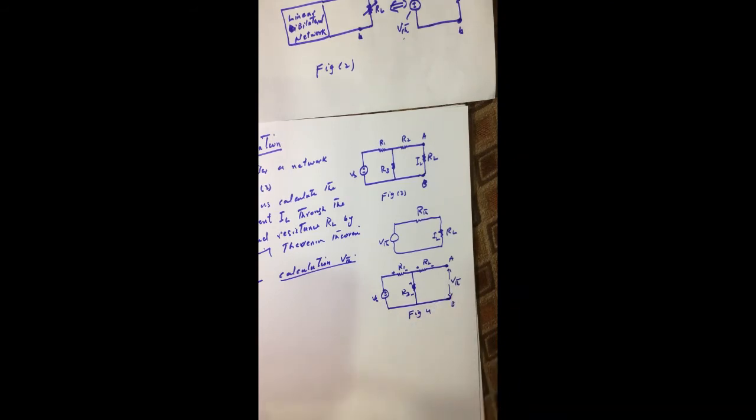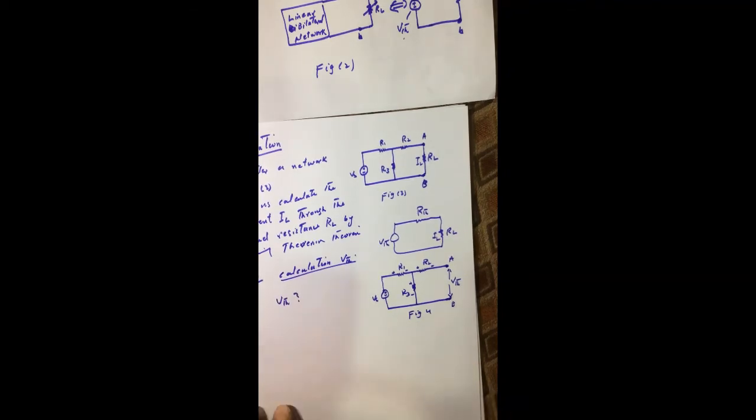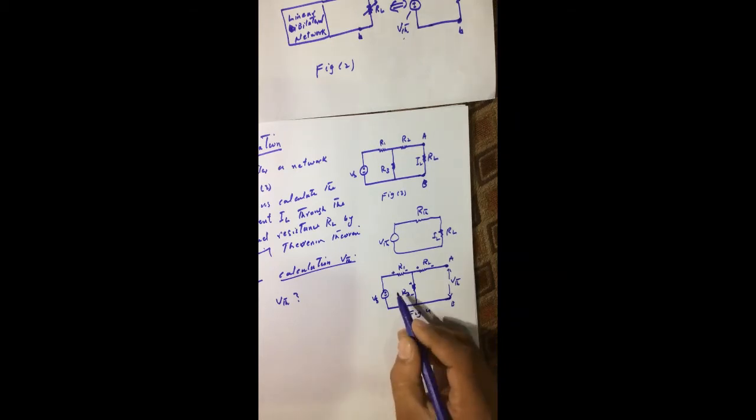Now how we can calculate Thevenin voltage? Now the voltage source, this voltage source produces current, and that current flows through R1.